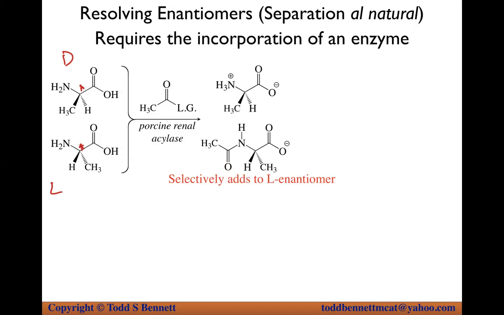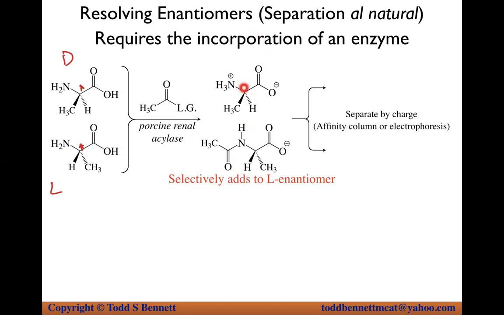So I mentioned earlier that in the body, things exist as a zwitterion. So negative and positive means overall neutral. Nothing here, and a negative means this is overall an anion. If you put a charge near this, a positive or a negative charge, negative will repel this away, positive will pull it towards it. Negative and positive won't affect this because it's neutral, which means you can separate by affinity chromatography or electrophoresis, things you'll learn in biochemistry, where electrophoresis is putting in an electric field.